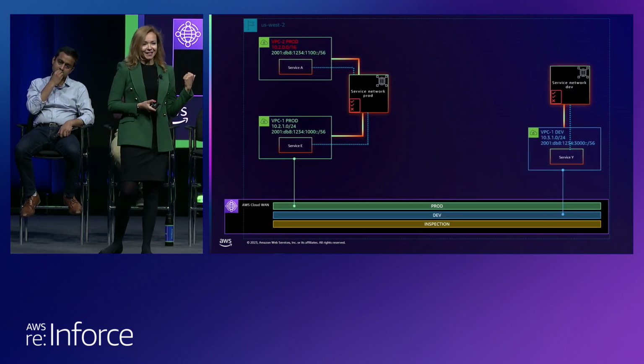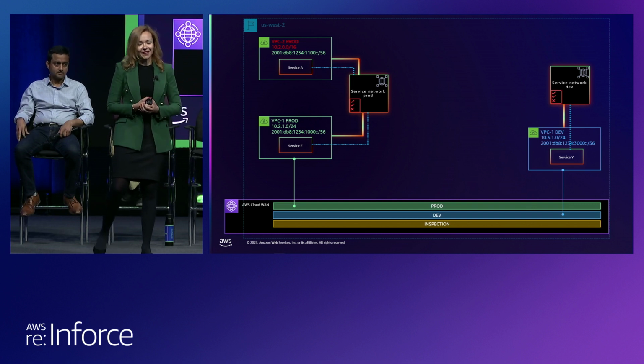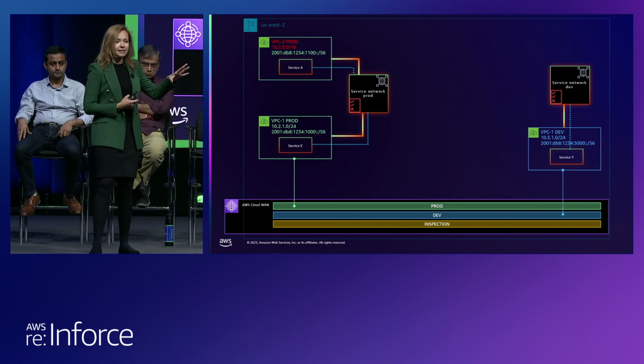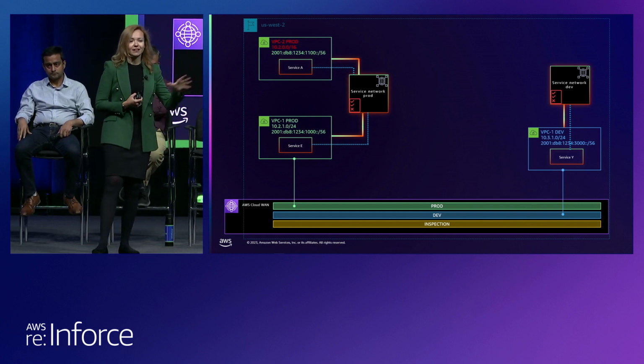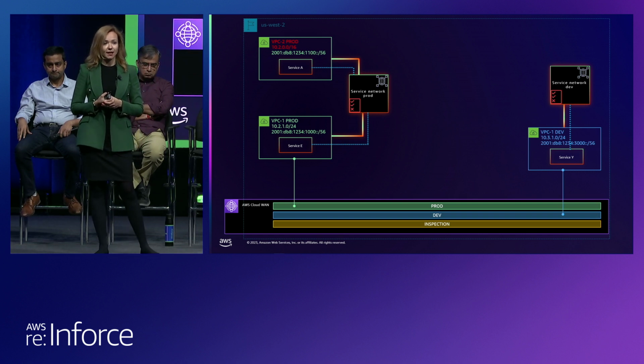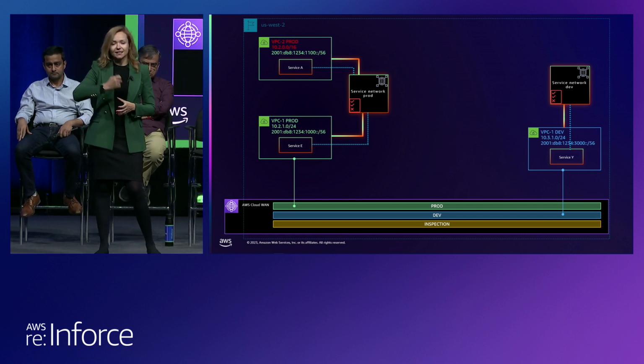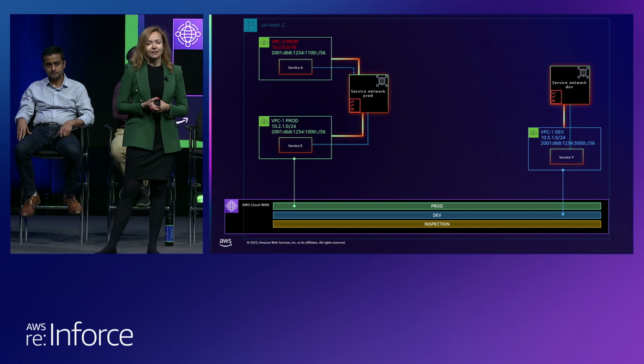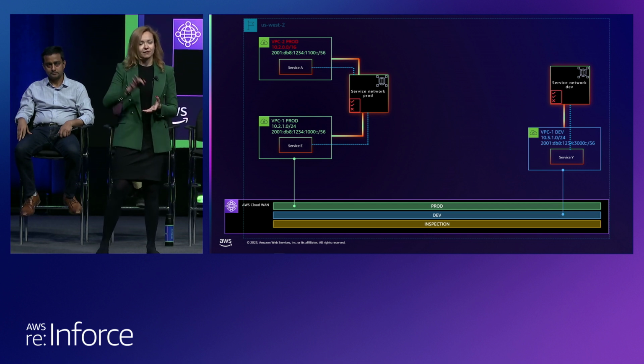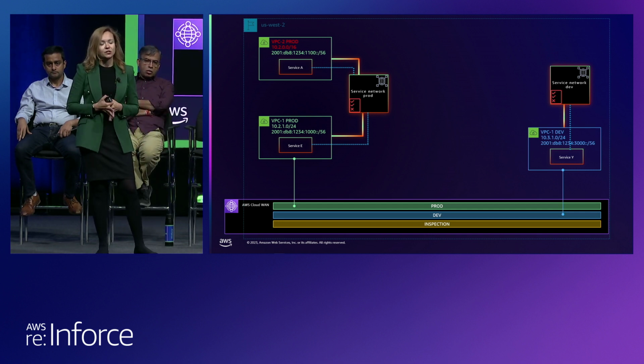In our more advanced example here, we have a production service network that deals with production service-to-service communication. We have an example for the dev service network with our dev service that is associated and registered there.